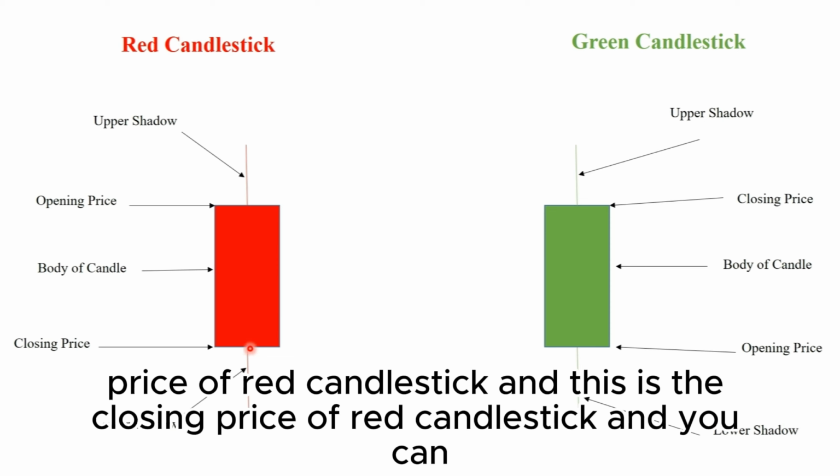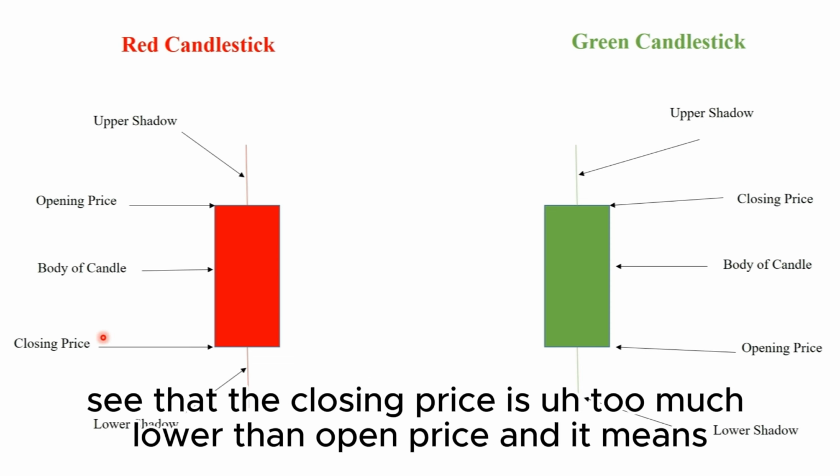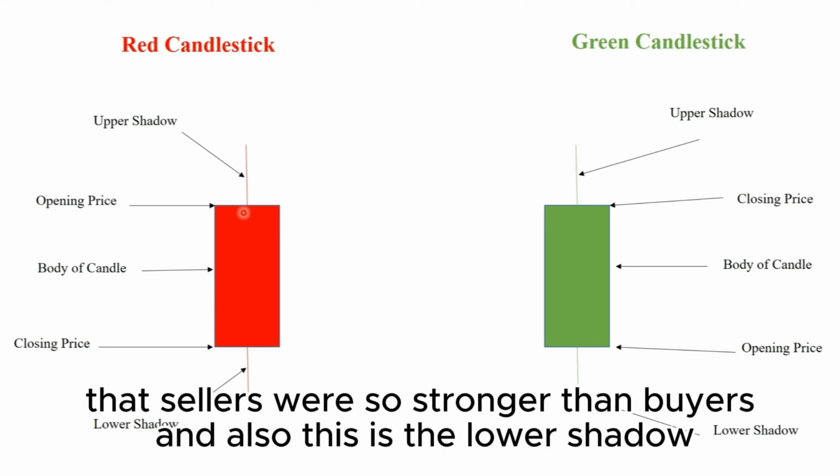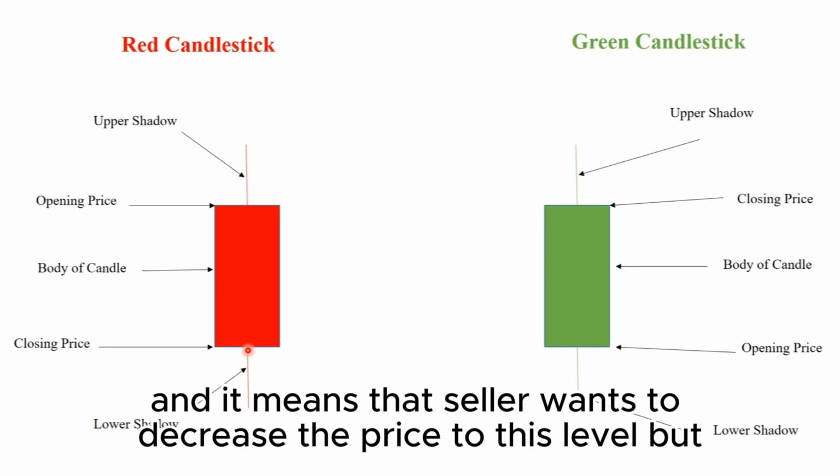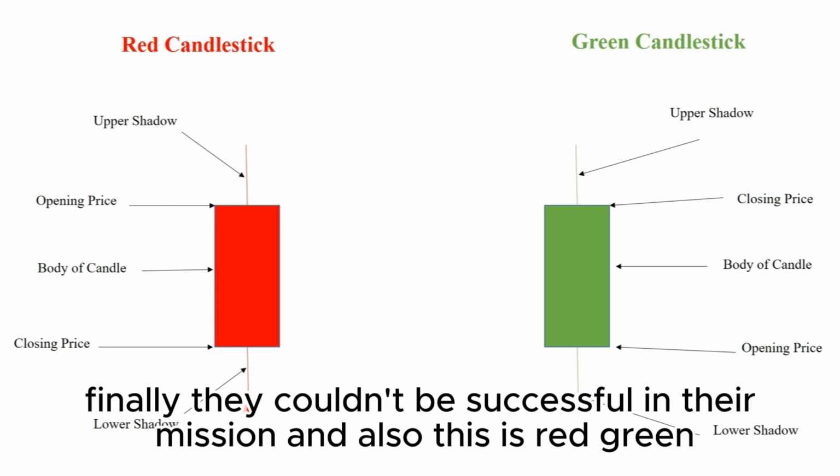The closing price is much lower than the opening price, and it means that sellers were stronger than buyers. This is the lower shadow, and it means that sellers wanted to decrease the price to this level, but finally they couldn't be successful in their mission.